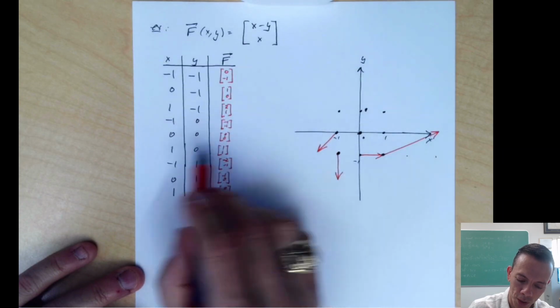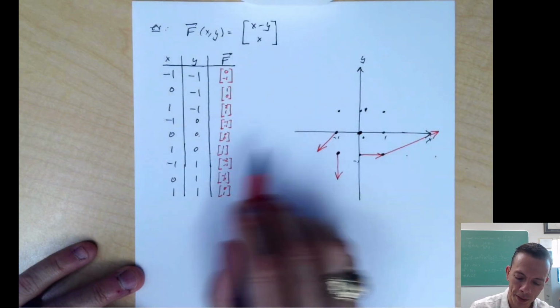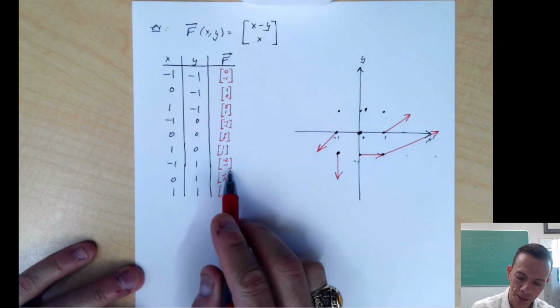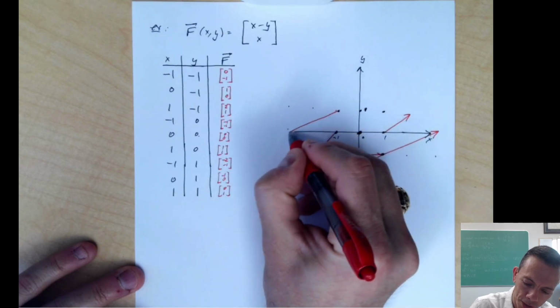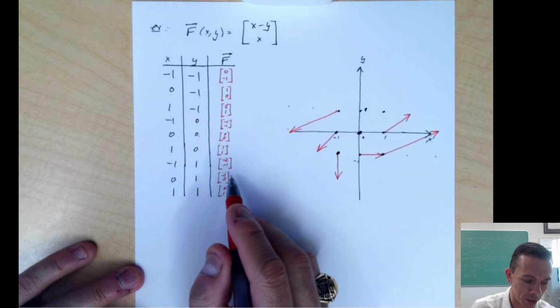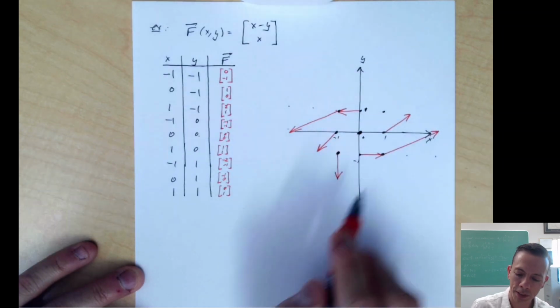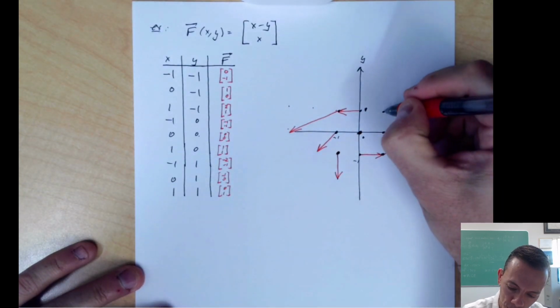At the next point, the origin, the vector is the 0 vector, so there's no vector in the middle. 1, 1 for the next point up here. -2 and -1 for the next one. -1 and 0, so back 1 in the x direction. And 0, 1 for the next point up here.